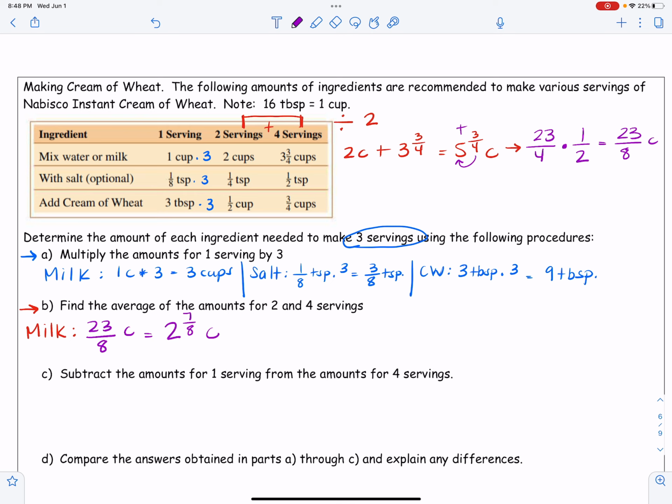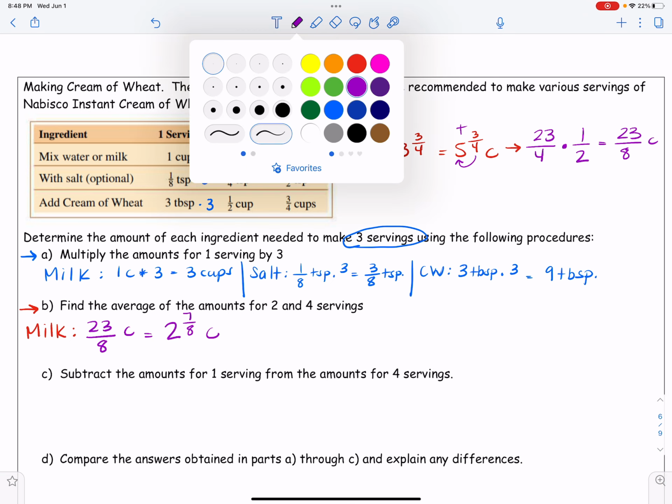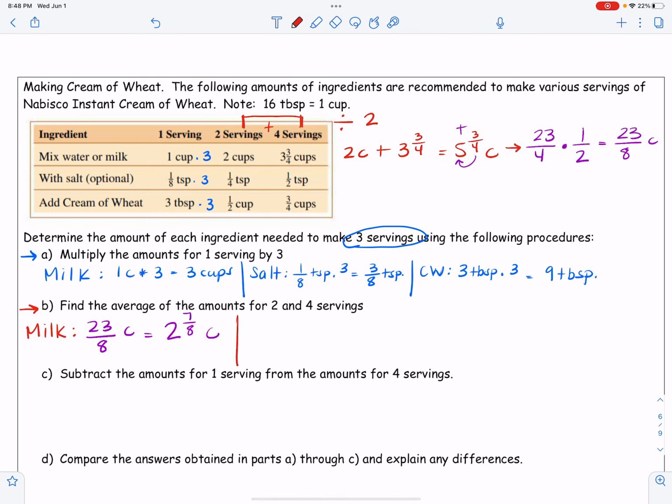All right, so now let's see what happens for the salt if we do the same thing. I'm going to add them together first, 1/4 plus 1/2. I'm going to need a common denominator to add fractions, so I'm going to write 1/2 as 2/4, and that gives me 3/4.